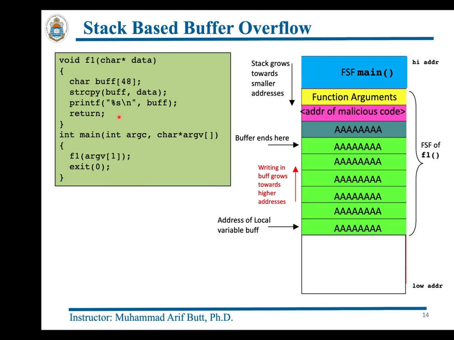Because after that, once f1 will return after executing this instruction, it will not return to this main function. Rather, it will return to some place where a malicious code resides, and that code will start executing and will perform whatever task you have written it for.